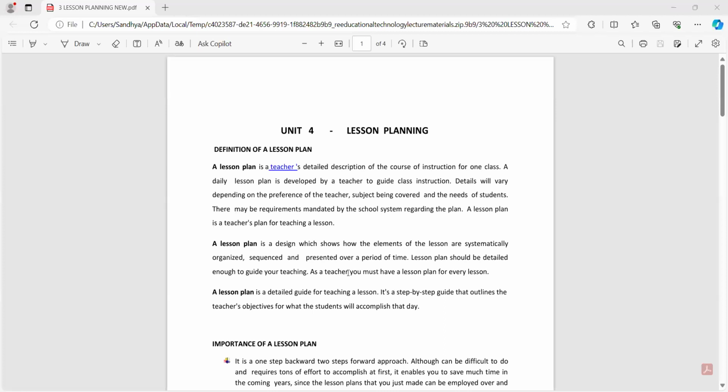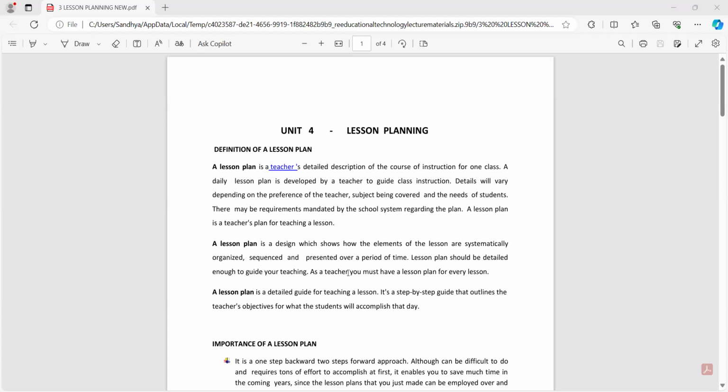So when a lesson plan is properly written, it gives that bird's eye view of the lesson, everything that is going to happen and how it's going to happen, why it's going to happen, and every detail is incorporated into the lesson plan. The bird's eye view of your lesson is the lesson plan.